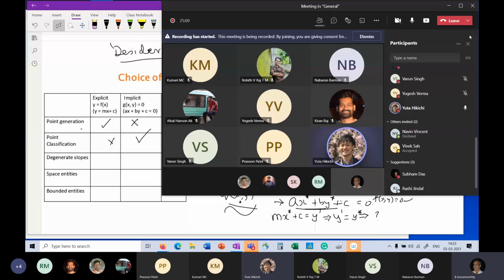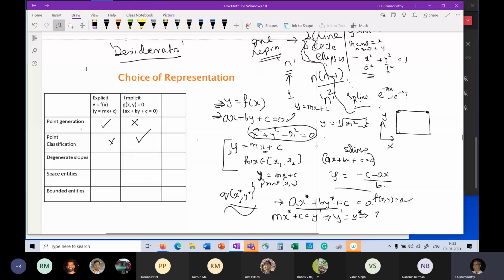Okay, so there is no vote for the implicit form. Yes, Prasun? It can be done with both. Okay, fine, but nobody is voting for only implicit. I take that is the conclusion.